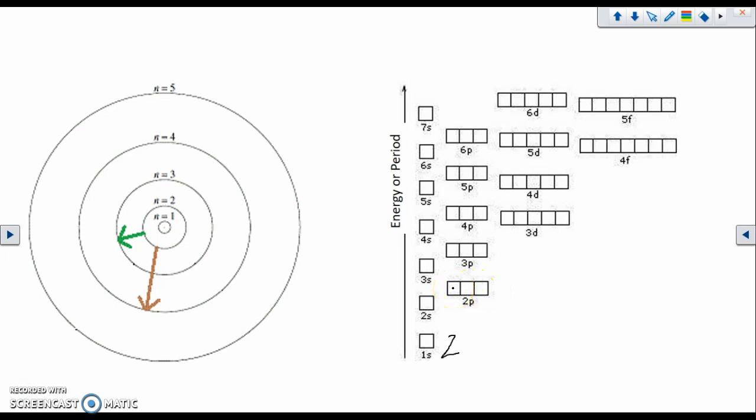Since each box can contain 2 electrons, the P subshell can contain 6 electrons. If you look at the D, 5 boxes or 5 orbitals, so that can contain 10 electrons. F, 7, so that can contain 14 electrons. Okay?